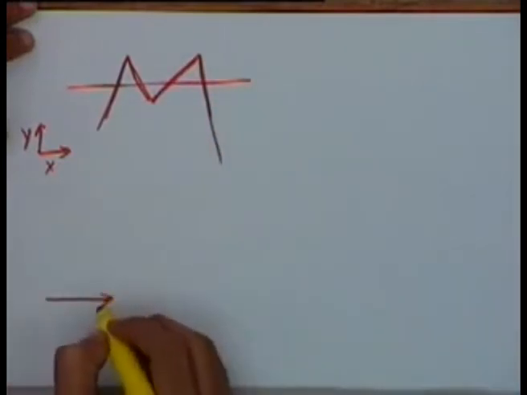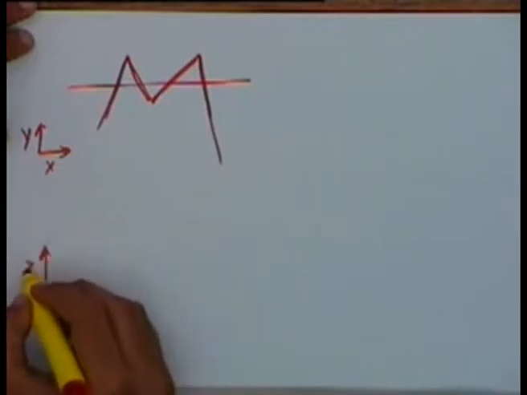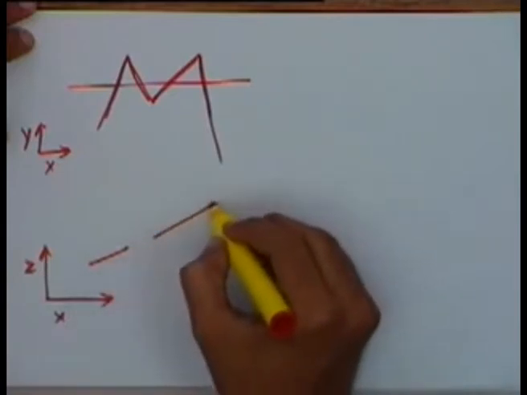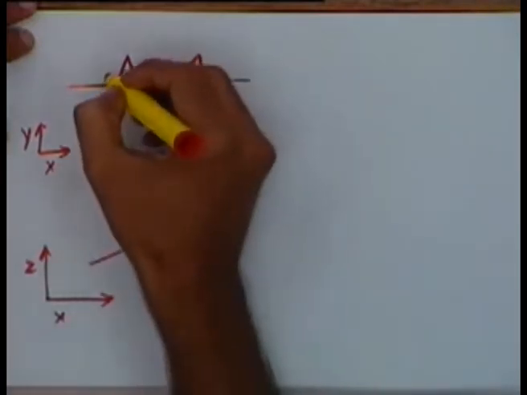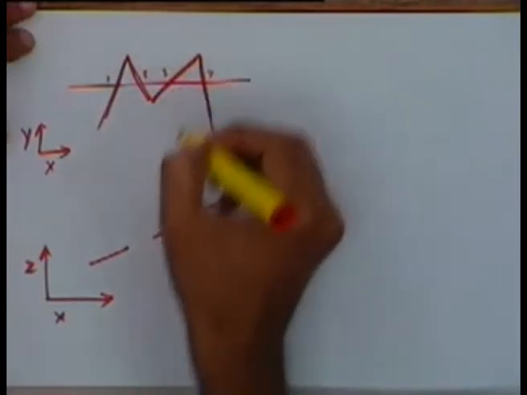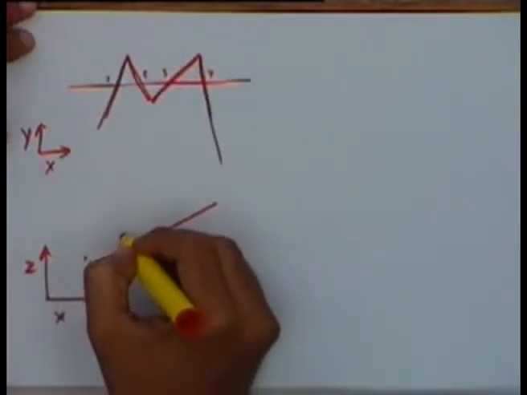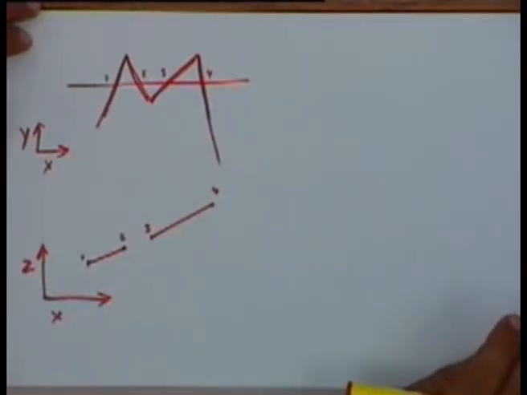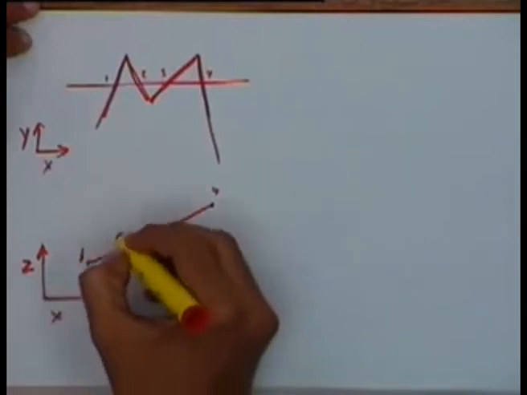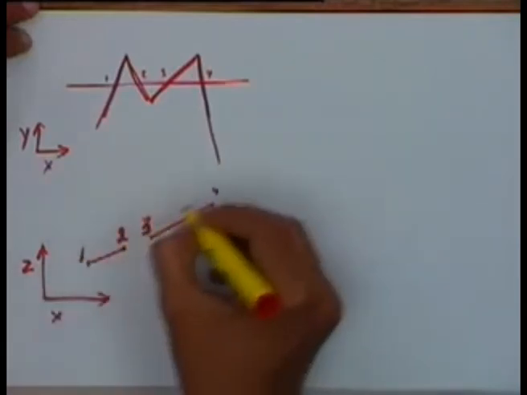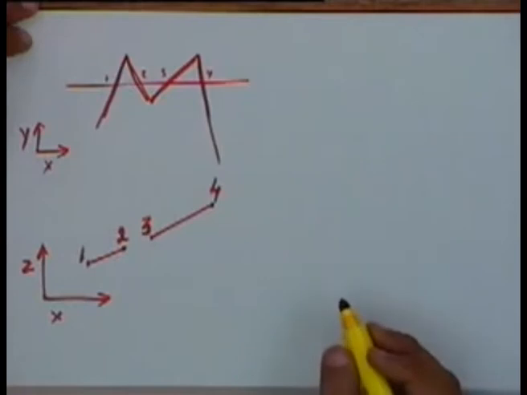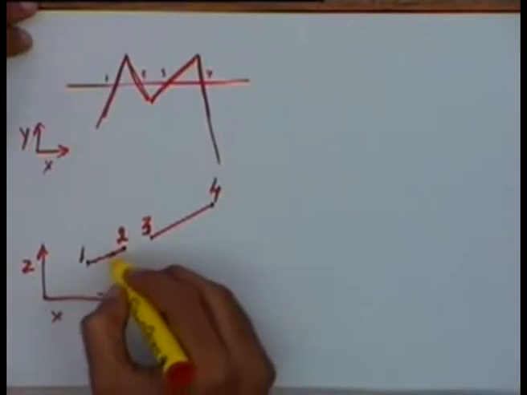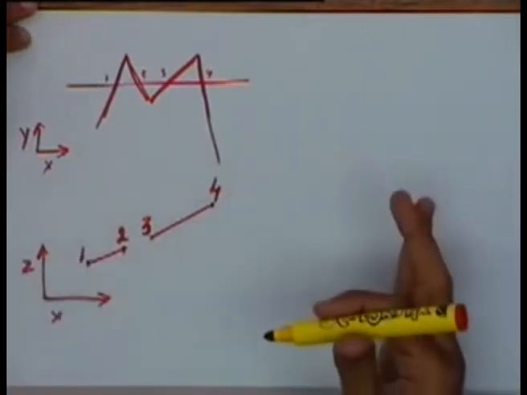If I look at the same thing in the xz plane, maybe I'll get lines like this. 1, 2, 3, 4. This point is point 1, this point is 2, this is 3, and this is 4. So the active edge list will give me these endpoints. From that I'll get the equation of this line and then use that to divide it into spans.